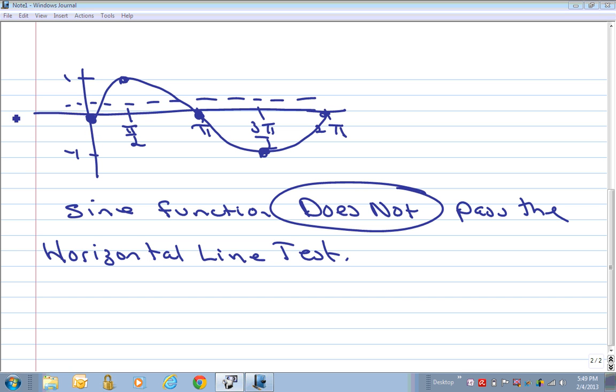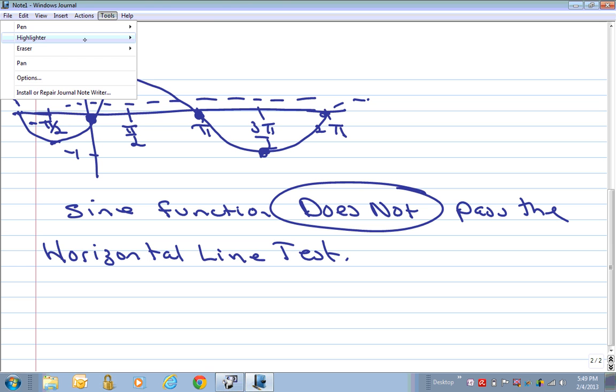Remember, our graph for sine also can go the other direction. So it'd be at negative pi over 2 as well, and back down to the bottom of the amplitude, and then it would go back up to the top of the amplitude, and it would continue on that way, and it would continue on this way. So if we restrict our domain of our original function, if we take just a part of this graph at the right spots, then we could create a function.